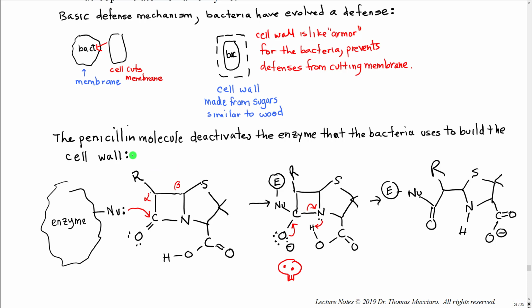I've abbreviated it somewhat. This group that I've abbreviated R actually has a number of different structures that build off of this. And so there are a number of different penicillin molecules. There's penicillin A and G and H and all of these kinds of things. And they differ just in what is the identity of this carbon group.